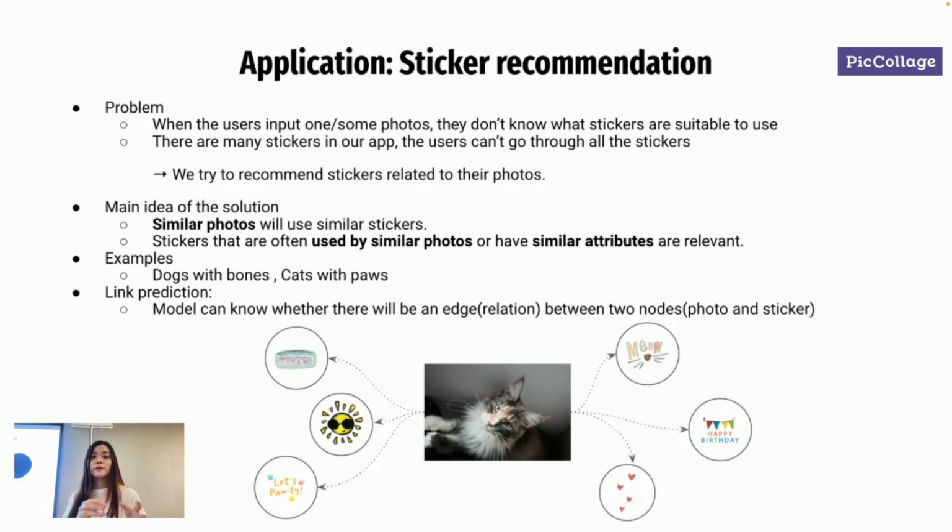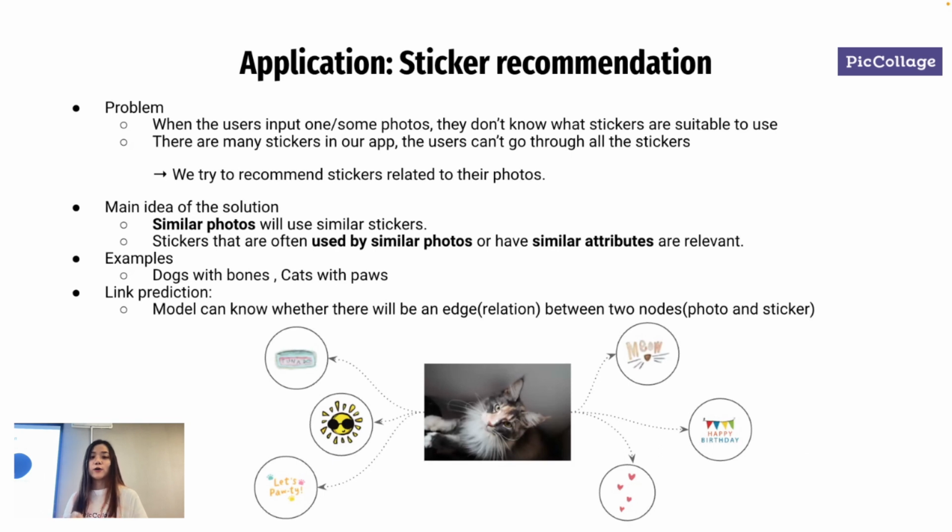For example, if there is a dog in the photo, we imagine the user might want to use a sticker like bones. And if the image is a cat, they might like to use paws. We think this is very similar to the concept of GNN. So we use CompGCN to solve this problem, and we use link prediction.